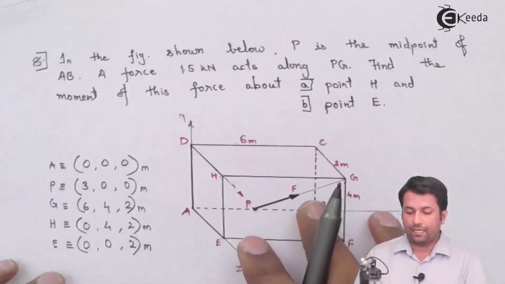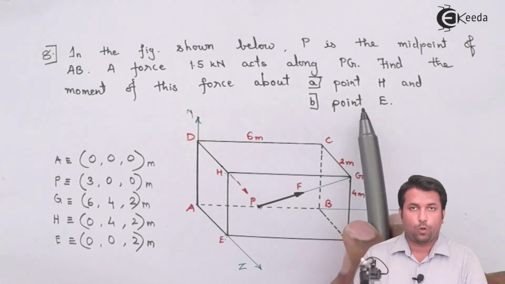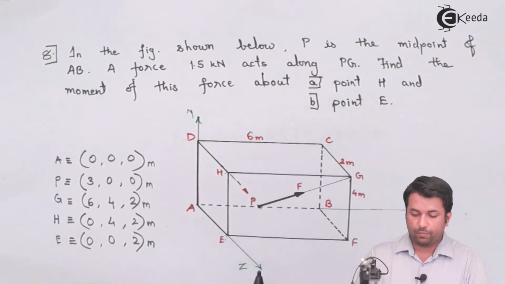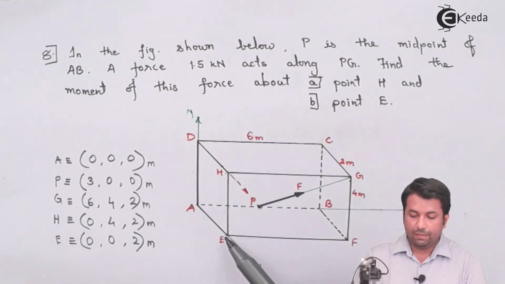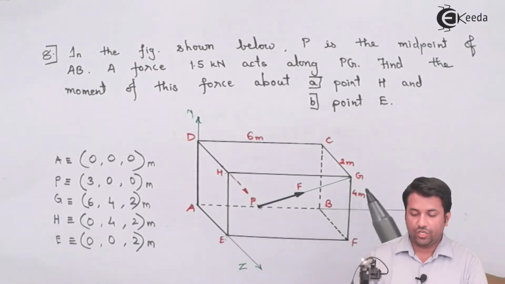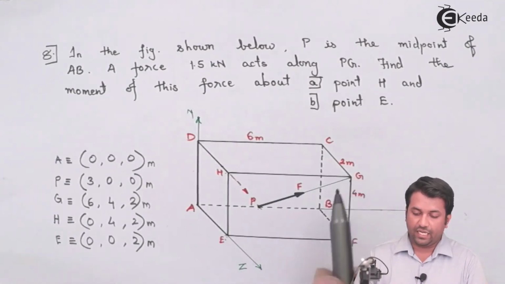Now the next part is taking moment of the same force vector with respect to point E, that is this point. So I need to first find out the position vector EP or EG. Now in this case I'll take this end and I'll find EG.